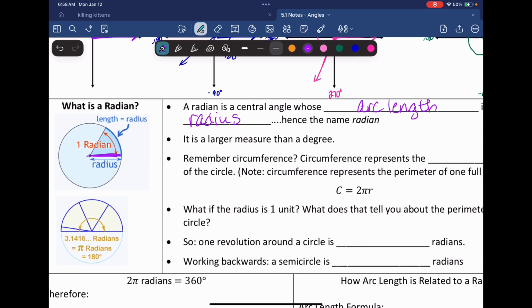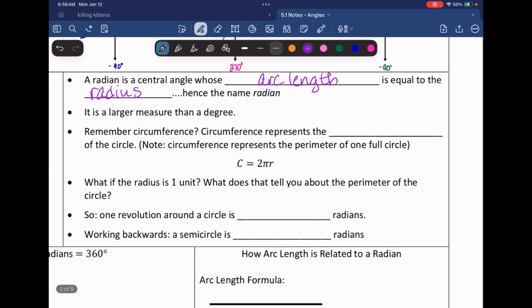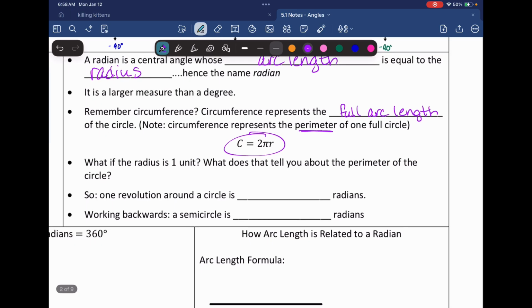Okay, circumference has to deal with arc length. Circumference represents the full arc length of a circle, which is your perimeter. Remember our formula for circumference is 2 pi times the radius. And if the radius is 1, 2 pi times 1.